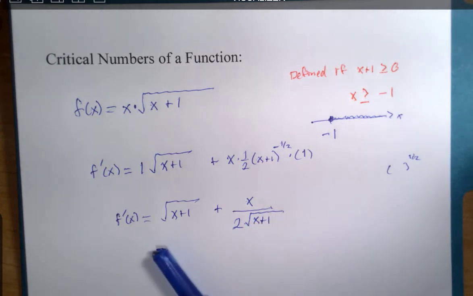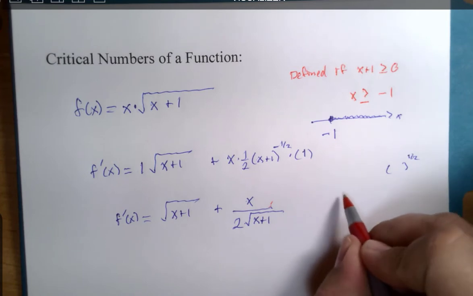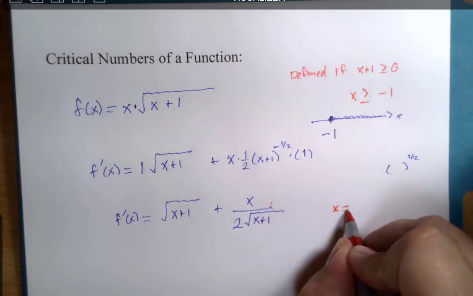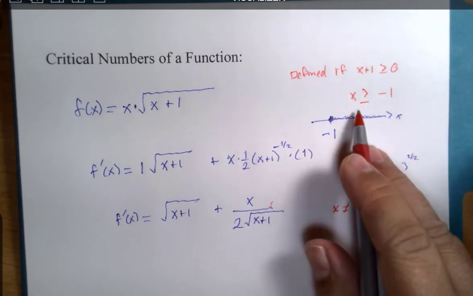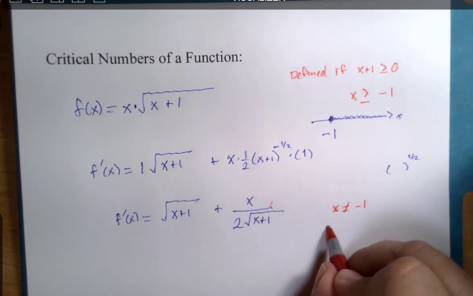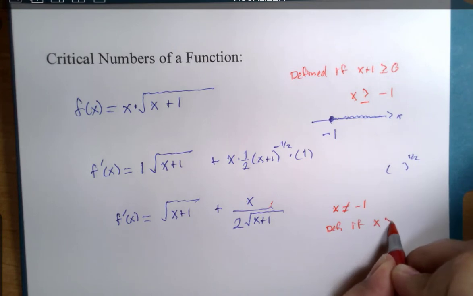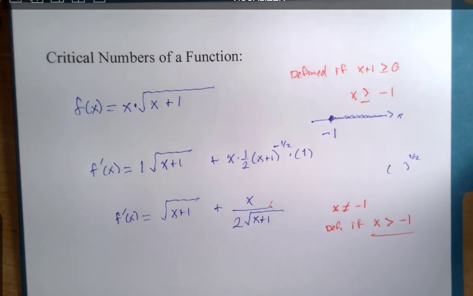So if we look at the defined values, they're not exactly a match. We know that x cannot be negative 1 in this case, and otherwise it's exactly the same. Another way to look at it is this is defined if x is strictly greater than negative 1.